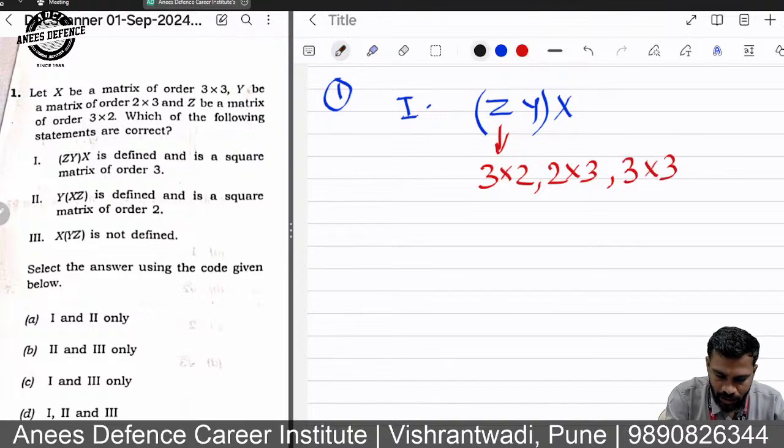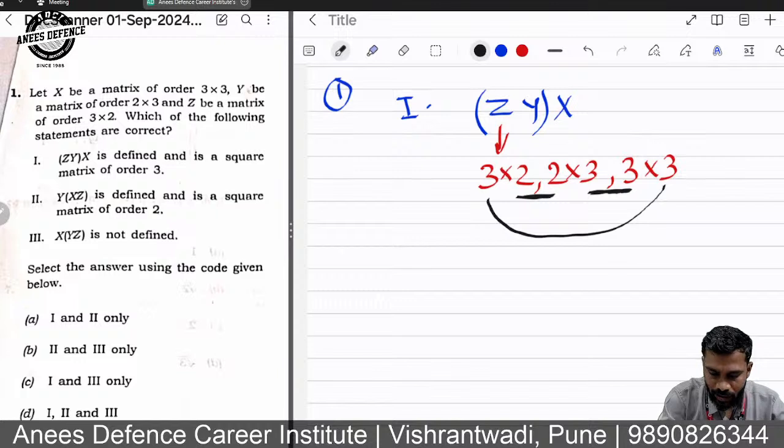As you can see, matrix multiplication is possible, because the number of columns in the first matrix must be equal to the number of rows in the second matrix, which is already there in this statement. So the final order will be 3 by 3. So of course it is correct. The first statement is correct.